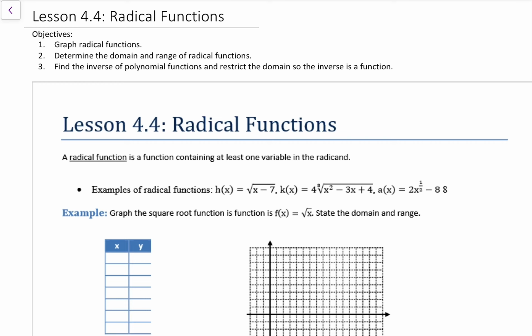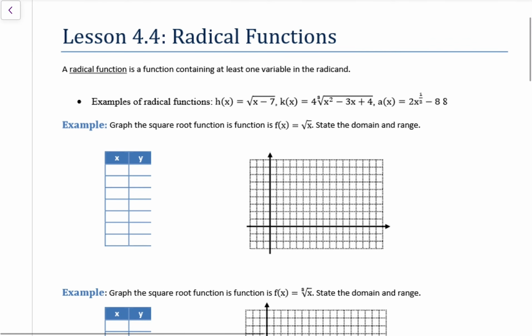So let's jump in. Radical functions. A radical function is a function containing at least one variable in the radicand. The radicand is just the part that's within the radical, within the square root or within a cube root.